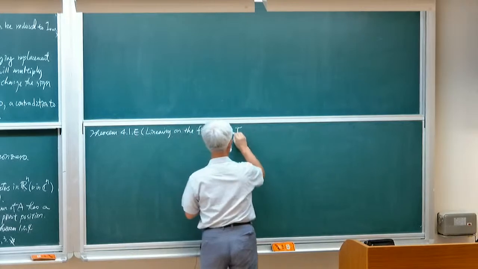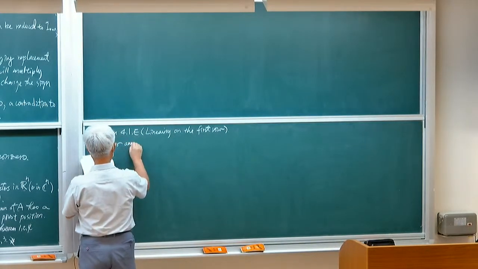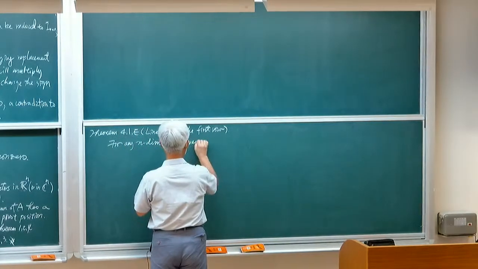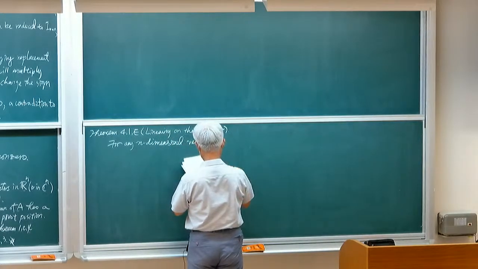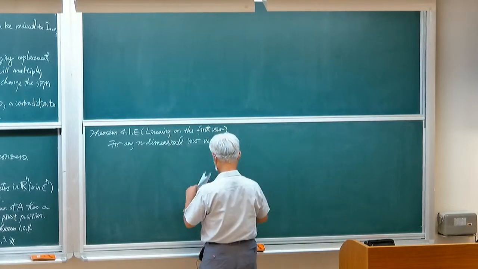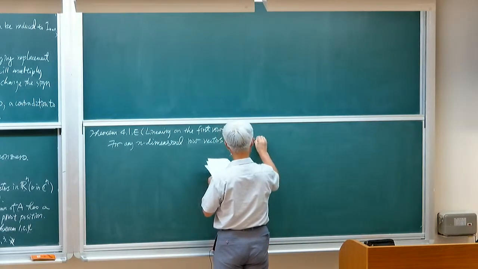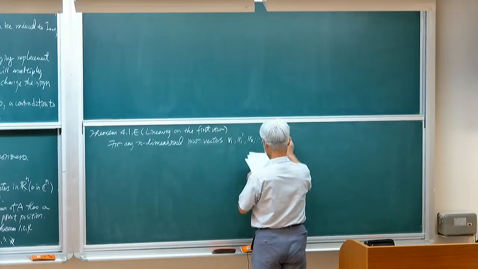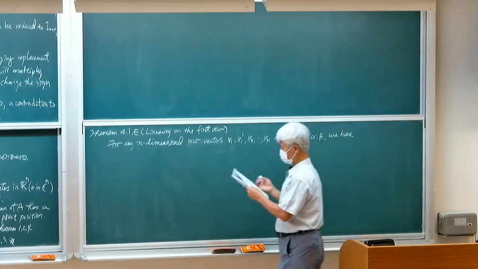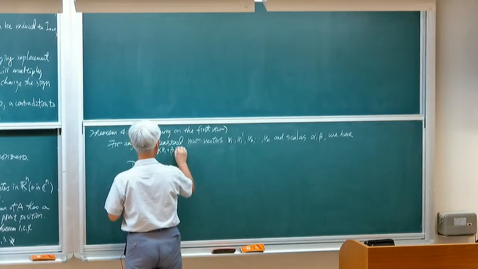So for any n-dimensional row vectors R1, R1 prime, R2, up to Rn, and scalars alpha and beta, we have the determinant of the matrix with first row alpha R1 plus beta R1 prime.